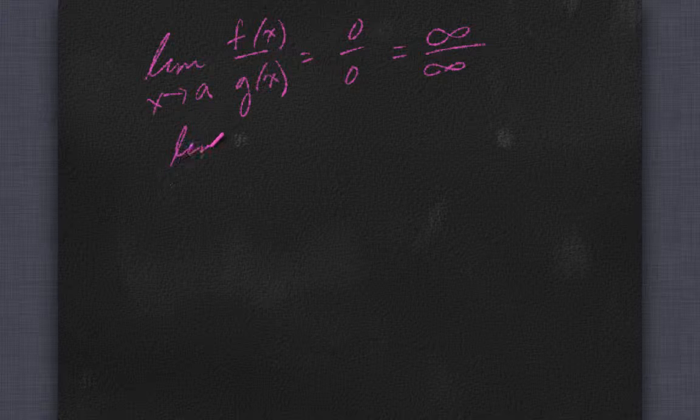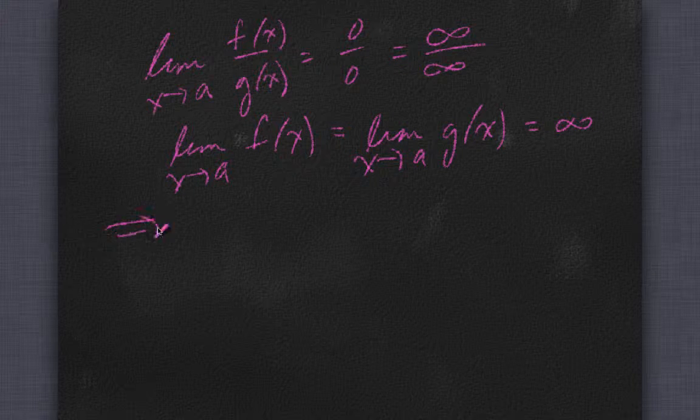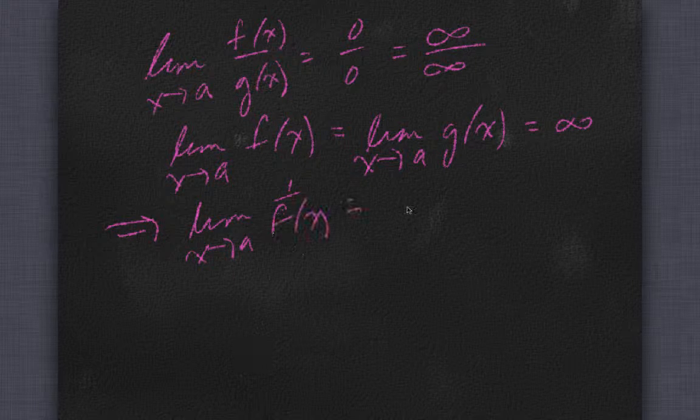So the limit as x approaches a of f equals the limit as x approaches a of g equals infinity. Then the limit as x approaches a of 1 over f is the limit as x approaches a of 1 over g.